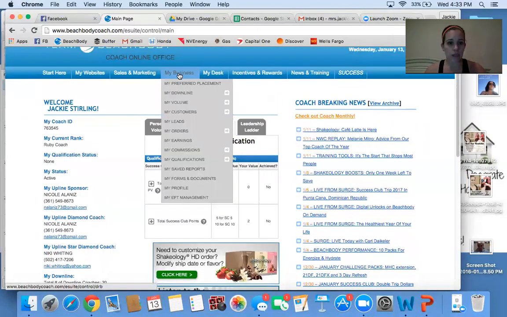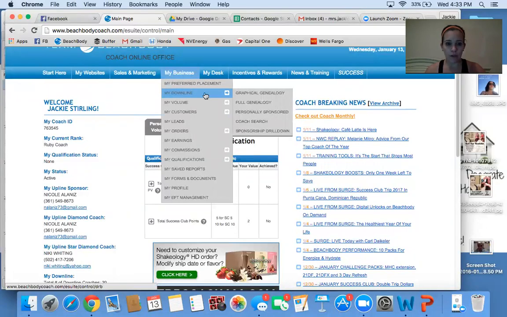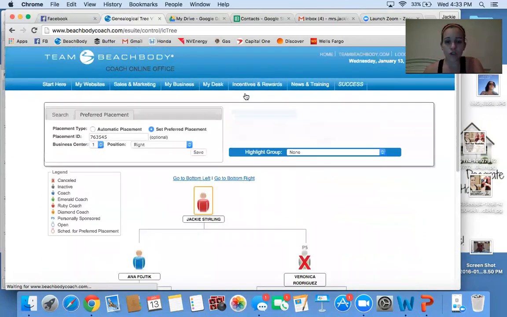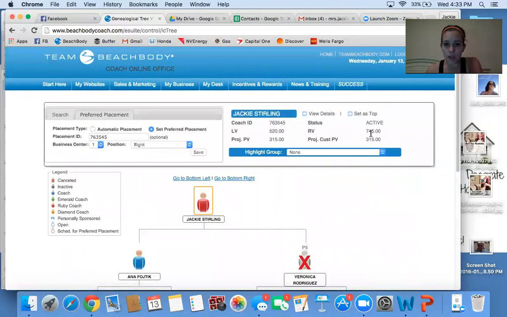The next place you can see it is if you go to My Downline and go to Graphical Genealogy. You will also see it up here. I always come to this page personally to check on what's going on, and I get a quick peek at my volume for the week.